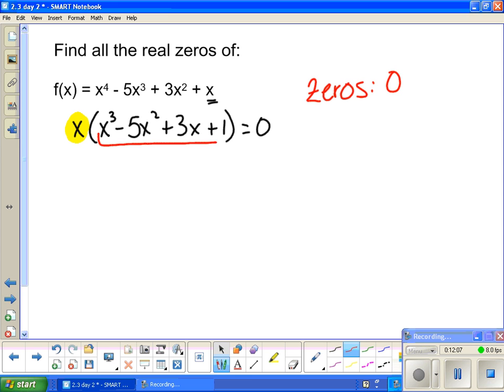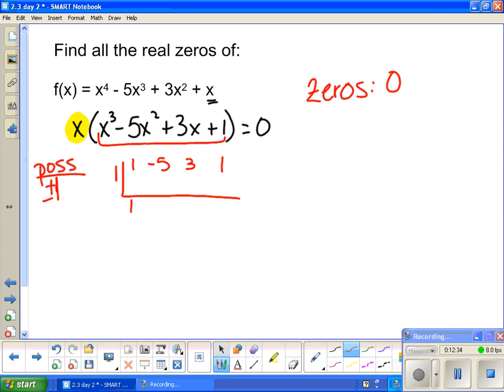Now, what I'm going to do is take that and find the possible zeros for that part of the function. Well, the possible zeros will be just plus or minus 1. So let's test 1. Coefficients in here: 1, negative 5, 3, and 1.